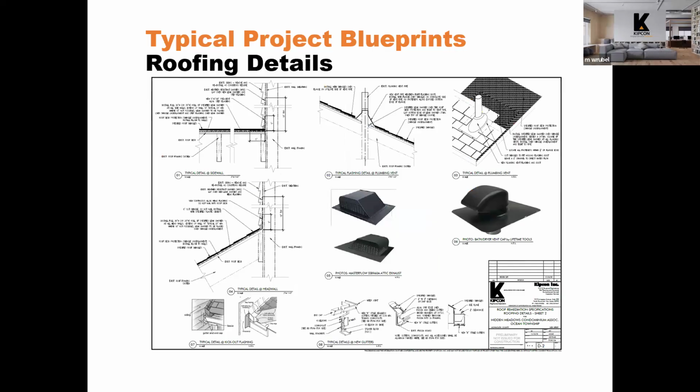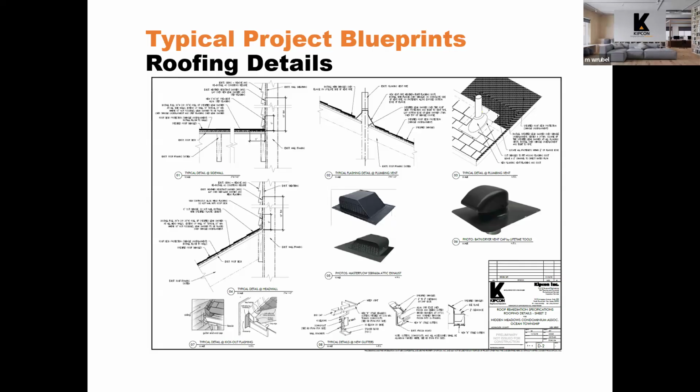Just here are some more roofing details. In this particular case, this is showing how vents for plumbing fixtures come through the roof, and how those penetrations are supposed to be handled with a boot, and how the shingles need to be lapped so that you don't get leaks. It also shows different types of roof vents, and probably on prior sheets, there are references to these details.